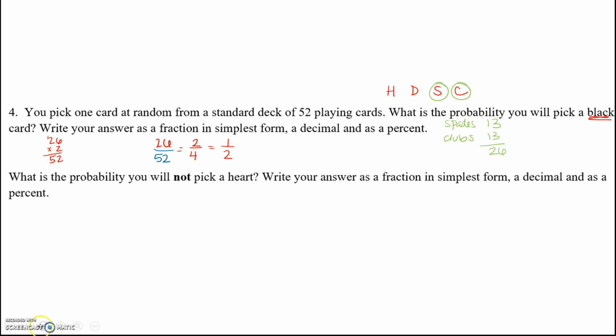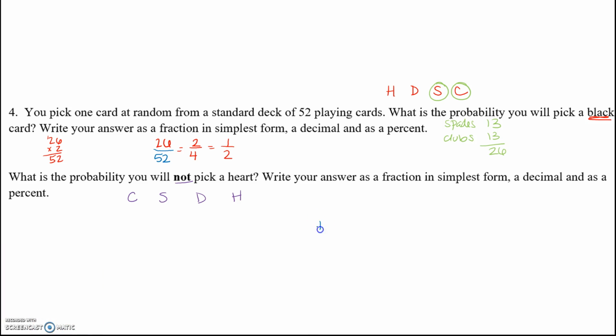Okay, so the next piece says, what is the probability that you will not pick a heart? Okay, so again, if we're just dealing with this, we have clubs, spades, diamonds, and hearts, right? So how many different suits are there? What is my total here?